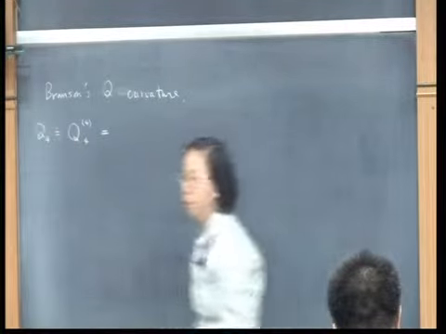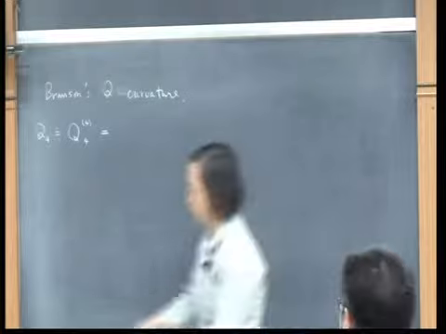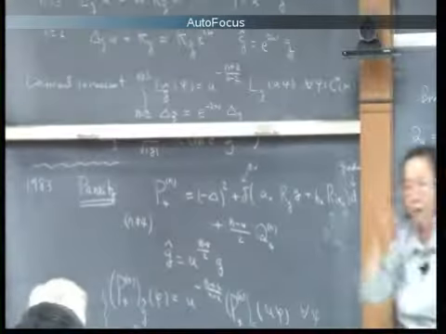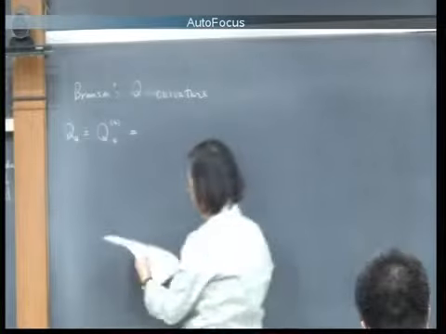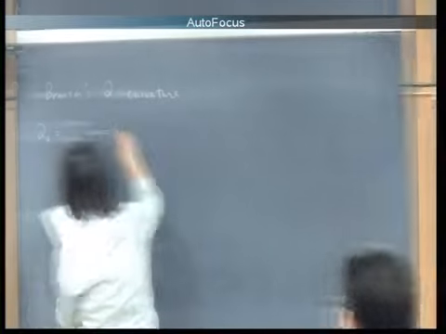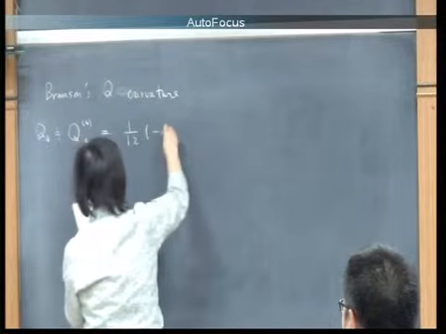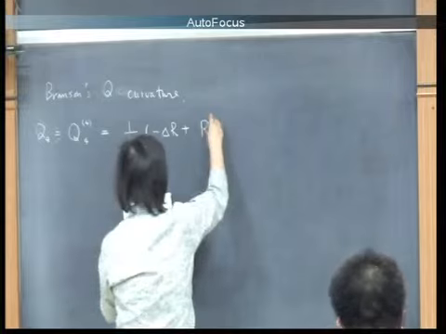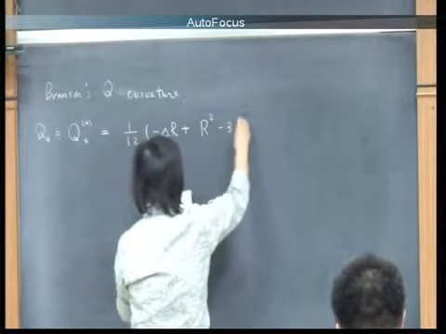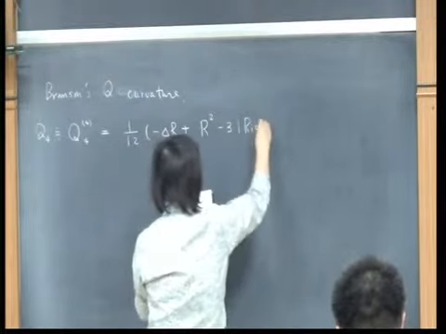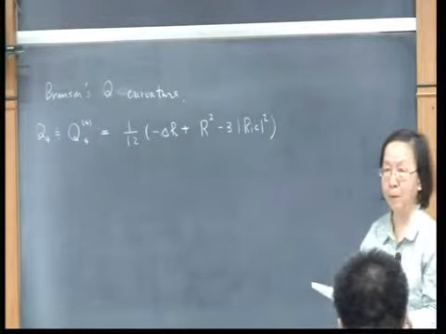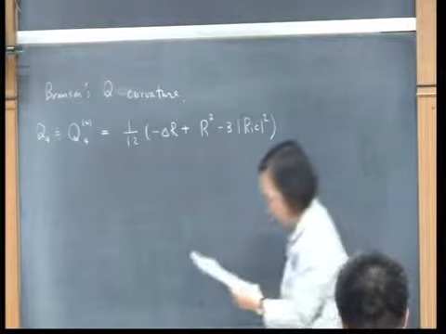He writes it down. So Paneitz wrote down Q4n, and he let n tend to 4, and then one gets the following expression: 1/12 of minus Laplace R plus scalar curvature squared minus 3 times the norm of the Ricci curvature squared. That's a curvature operator, which involves the Ricci tensor.